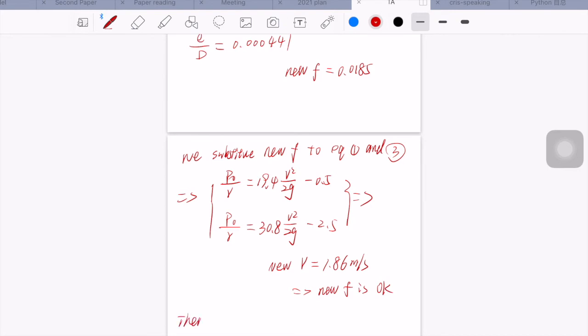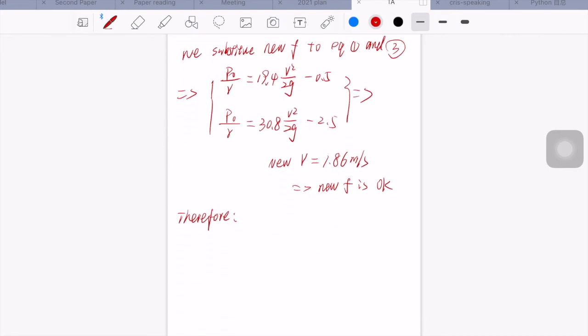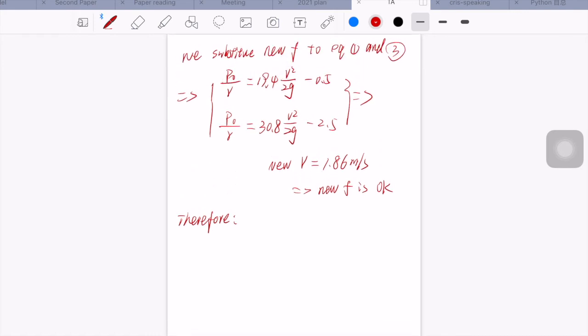So therefore, P0 divided by gamma equals 19.4 times 1.86 meter per second squared divided by 2g minus 0.5. So this value is 2.92 meter.